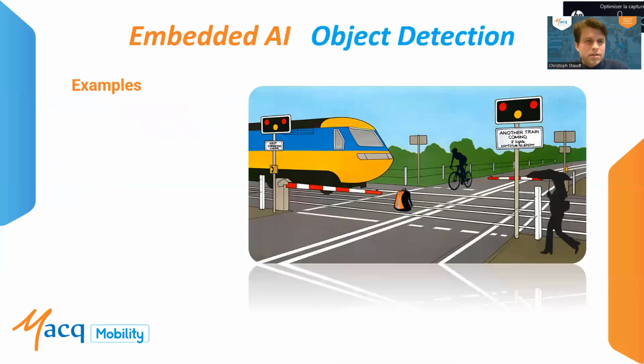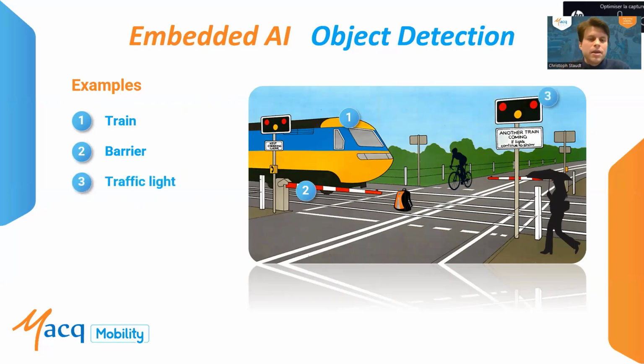So here's a slide with some examples on a railway crossing. So our camera can detect trains. For example, within our railway solution, which we have, is of course a very important feature. Then also the barriers, the traffic lights, which are blinking, can be red light, what else? Then the object on the level crossing itself.